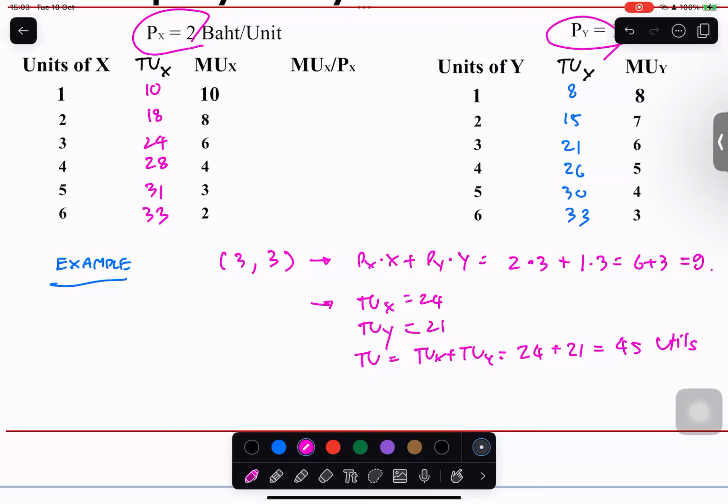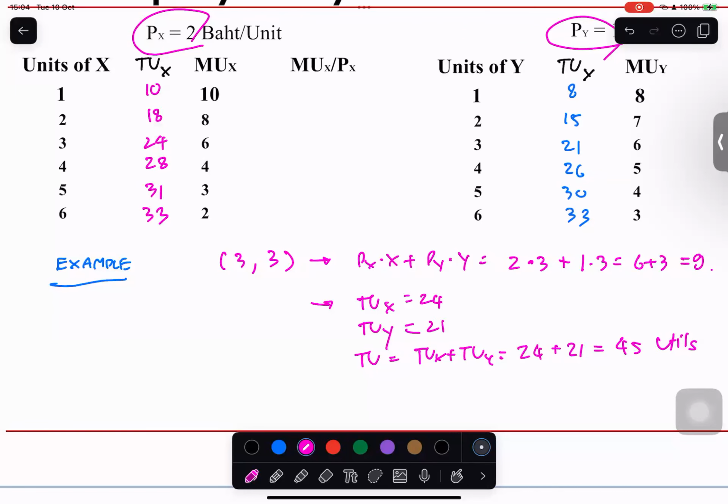Anyone? You got it? Okay. Less than 1 minute. 2X and 5Y. What is the total utility then? 48.